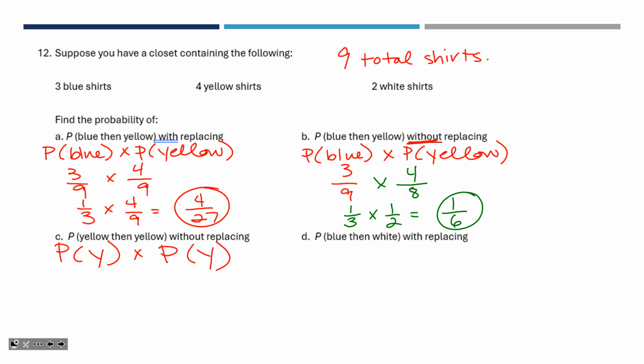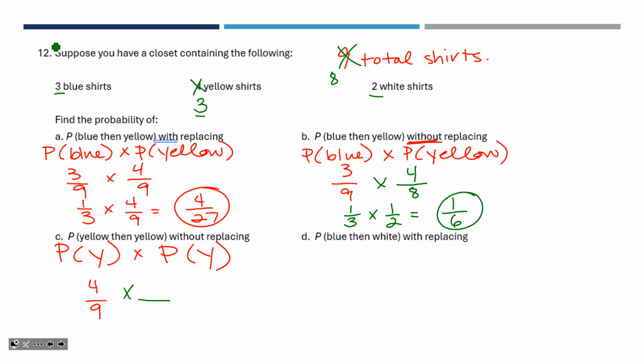So the probability of the first shirt being yellow is 4 out of 9. But without replacement, again, that means I take out that yellow shirt. So now I only have 3 left, which means I have like 3 plus 3 plus 2, which is only 8 total shirts. Now, what's the probability my next one's yellow?